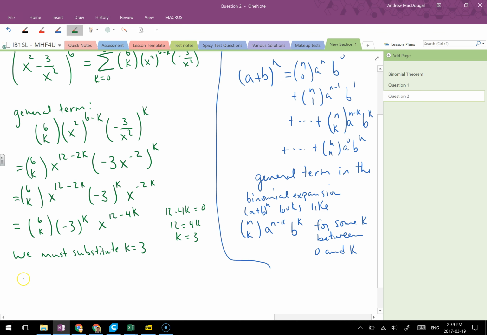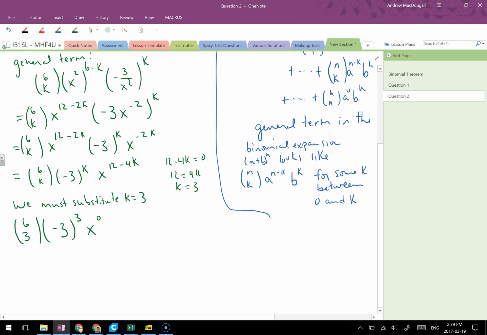Okay, so let's do that. The answer we're seeking is 6 choose 3, negative 3 to the 3, x to the 0. So the coefficient is whatever 6 choose 3 times negative 3 cubed is.